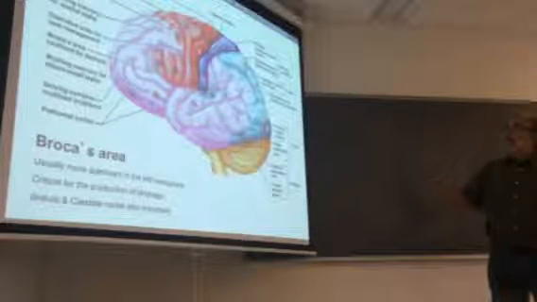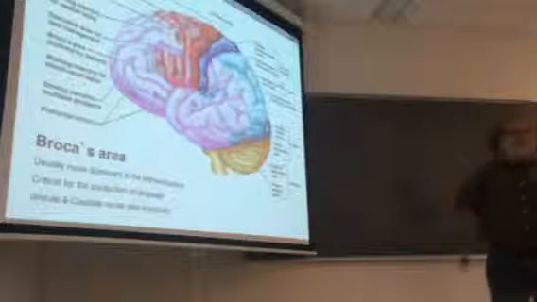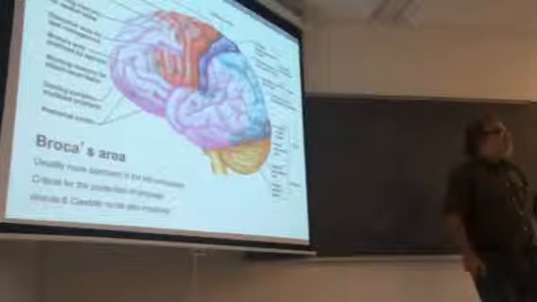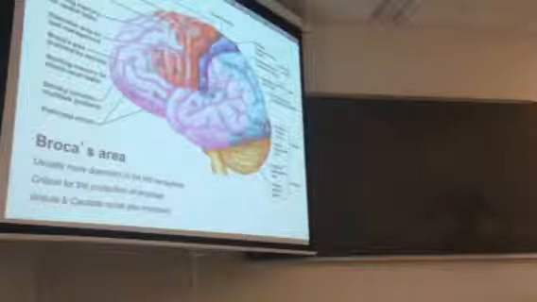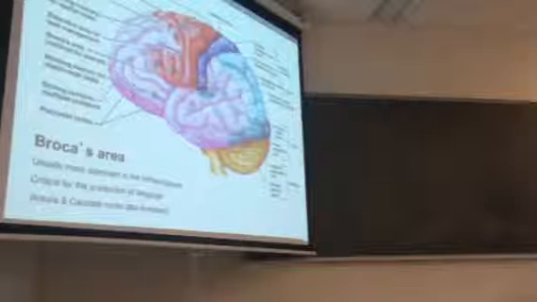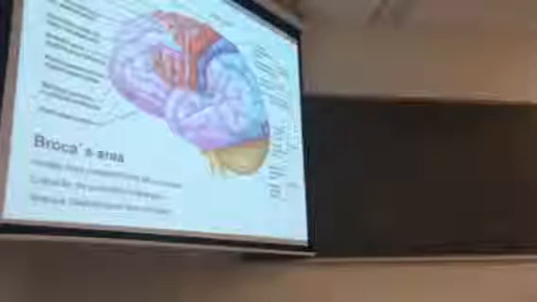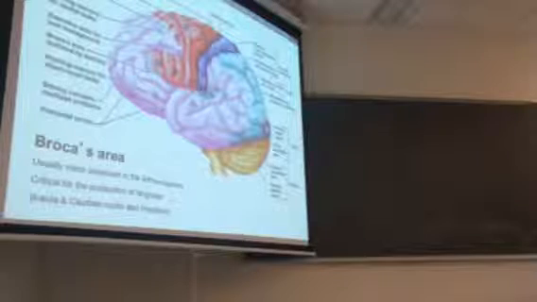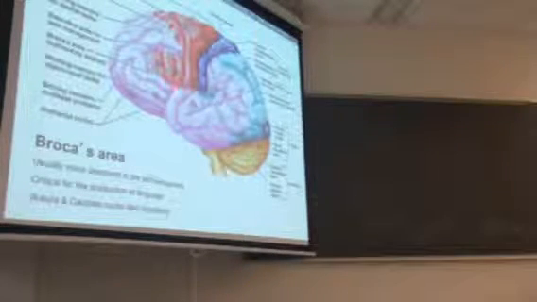Then we have the precentral gyrus and the postcentral gyrus. Okay? So we have the gyri in there. We've got the prefrontal cortex. Prefrontal cortex is going to become really important as the semester progresses. This has many of the special senses labeled.